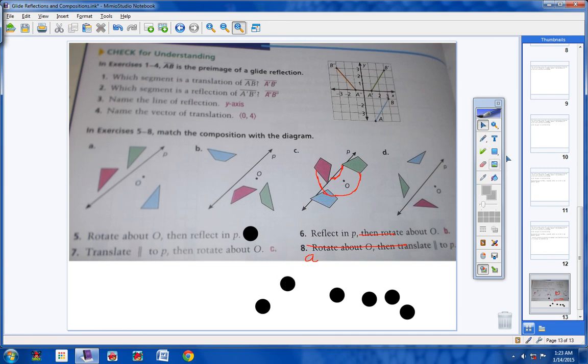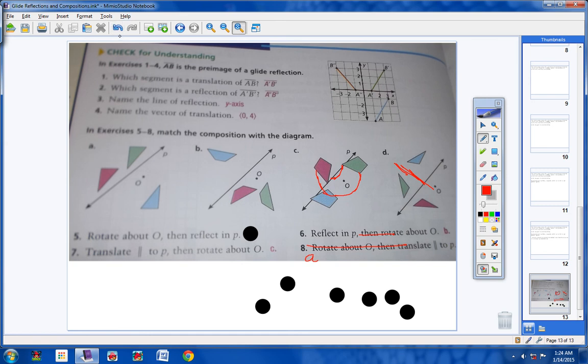And then lastly, we have a rotation about O first. So here's blue, and I rotated it from here to my green. Now there's no way it was a translation. It's impossible because the triangle's twisted. There's no way it's a reflection because there's nowhere you can draw a line so that if you folded the paper on that line, this triangle here would fall on this triangle over here.